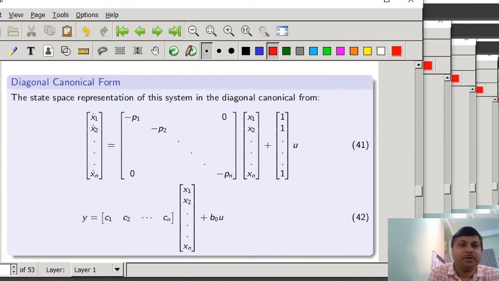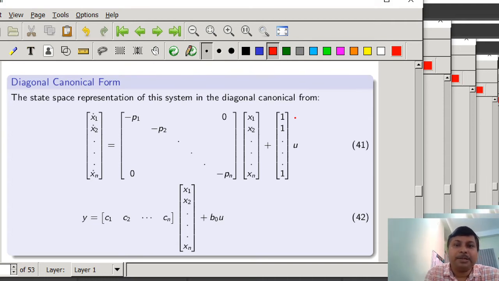You see, the first equation is x1 dot is equal to minus p1 into x1 plus u, then x2 dot is equal to minus p2 into x2 plus u. You will find that the diagonal elements will be the poles of the system, so p1, p2, pn are the eigenvalues of the A matrix, because the poles of the transfer function are the eigenvalues of the A matrix.